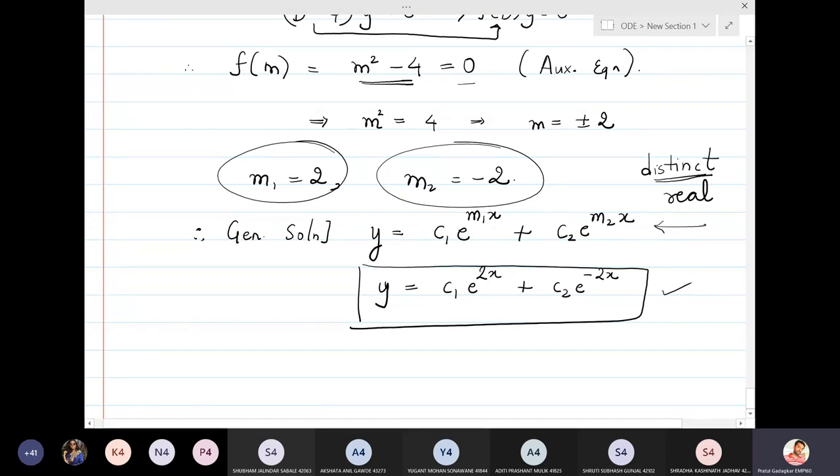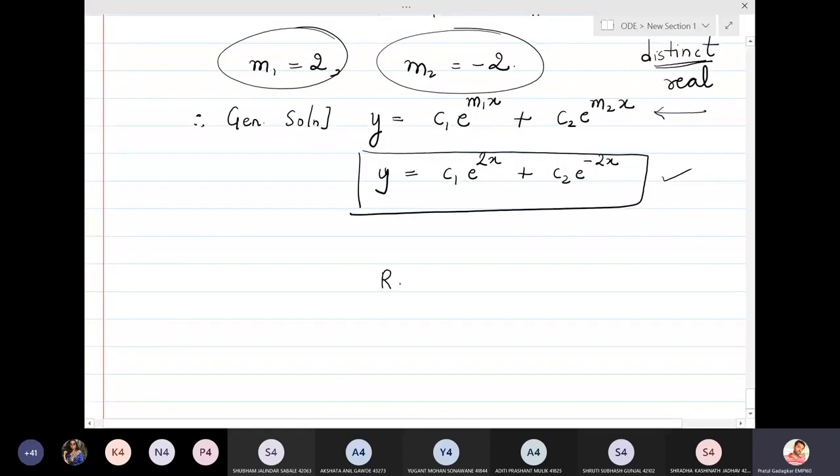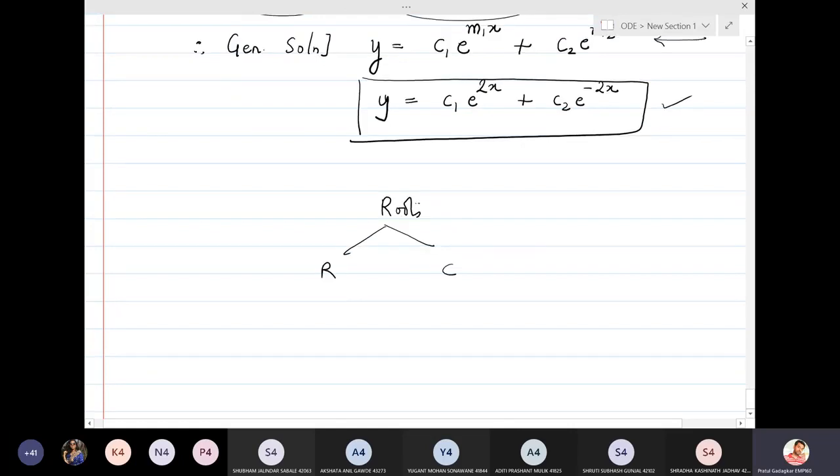So we have to split ourselves into different cases, right? What are the types of roots? Basically, there are only two types of roots, either real or complex. So I will split into two major cases, real and complex. Then after making the two major cases, is there any complication inside?